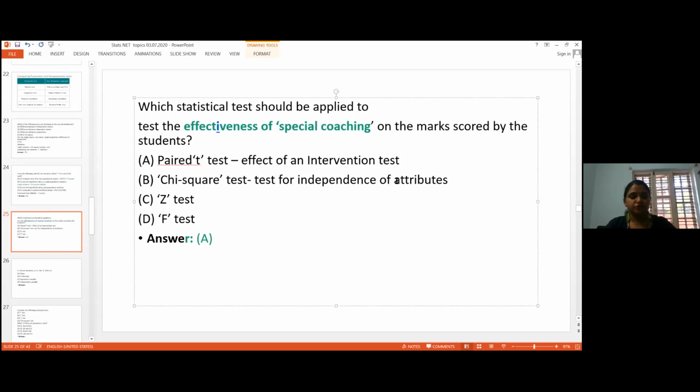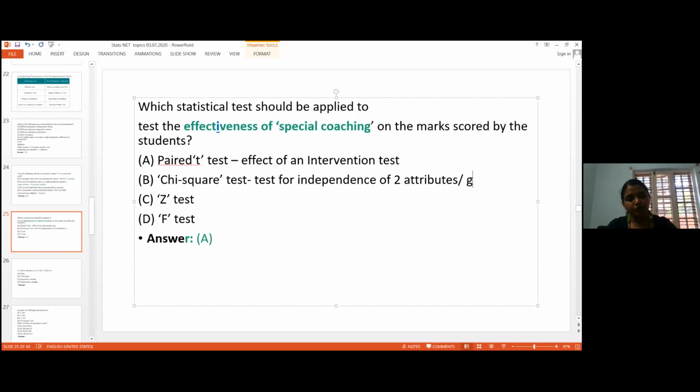Two attributes in the sense whether color of a vehicle is influenced by gender, whether the type of job like a desk job, traveling job is influenced by gender, whether the type of job is influenced by the locality where you come from, whether you prefer government job or private job based on from where you come from, whether it's rural or urban, like that. If you're trying to find the independence of two attributes, you can use this.